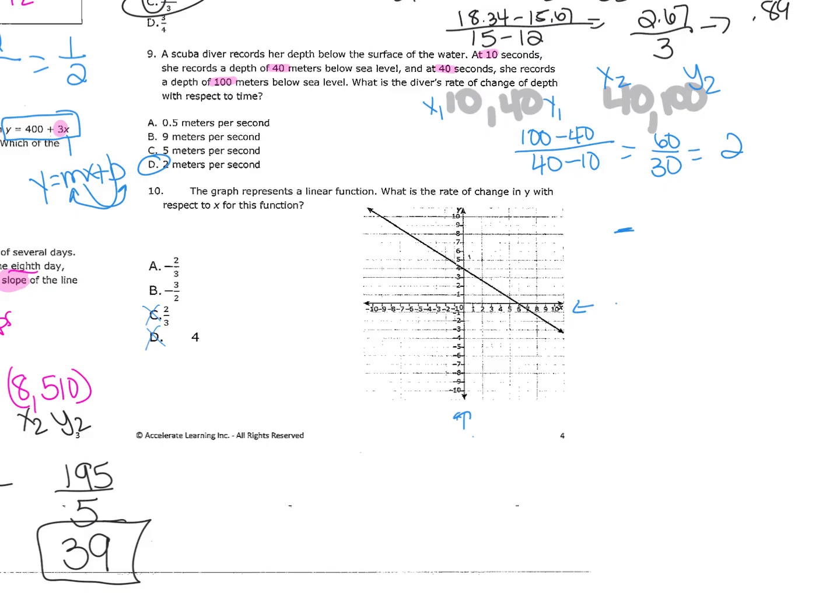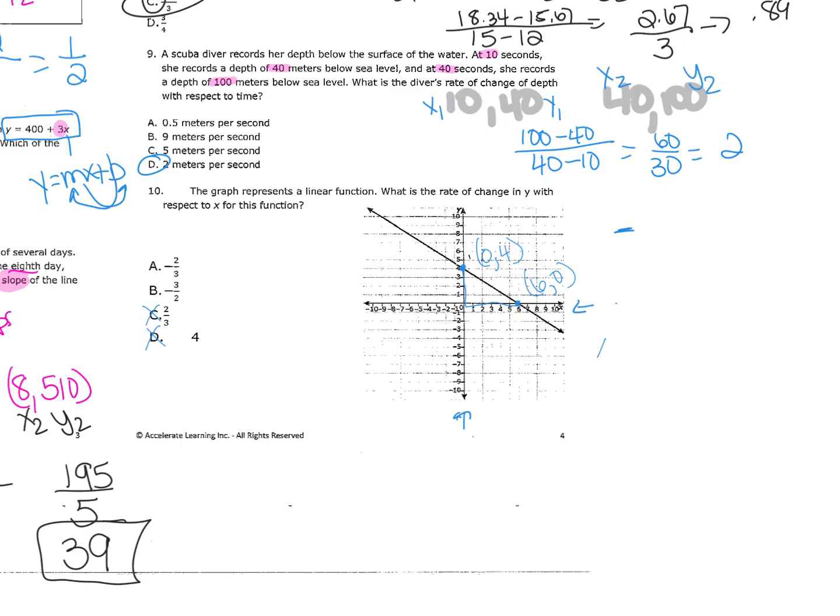And then from here, I'm going to choose my 2 points. I'm going to choose my y-intercept and I'll choose my x-intercept. And I can draw my slope triangle. And then I could either do this by points. My y-intercept is (0, 4). My x-intercept is (6, 0). And I can plug this into my slope formula.